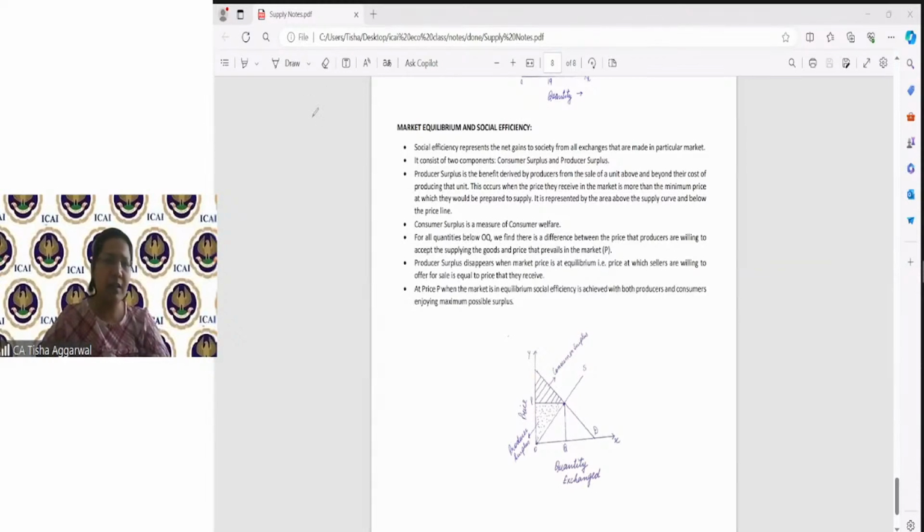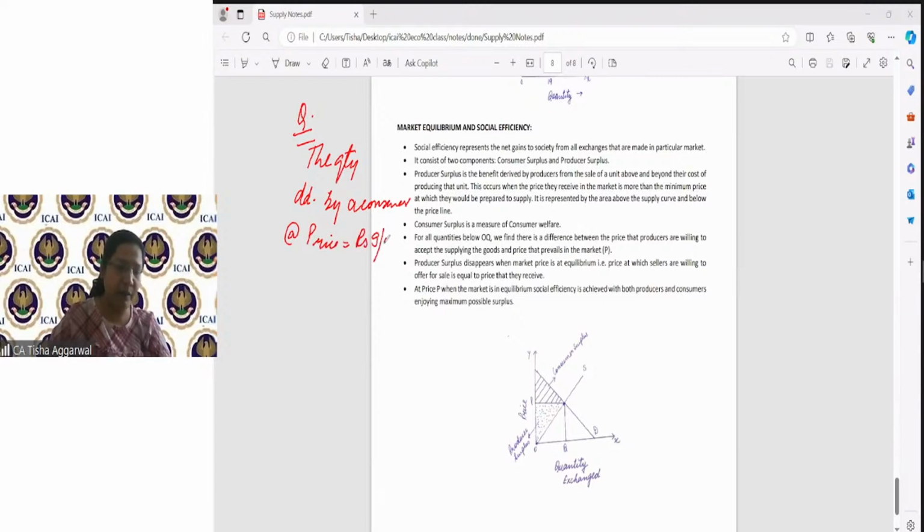One more question of elasticity of demand. The quantity demanded by a consumer at price rupees 9 per unit is 800 units.